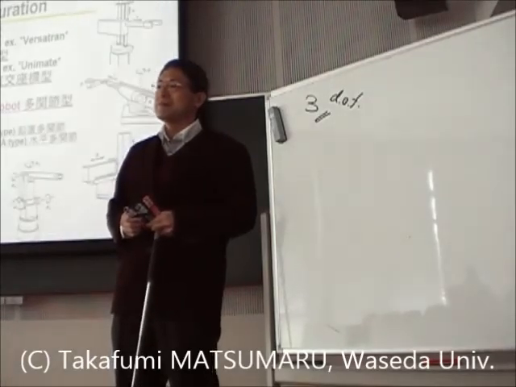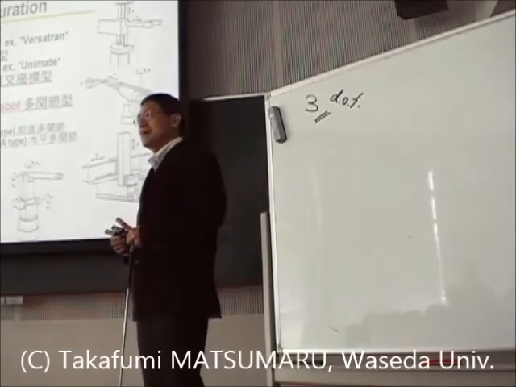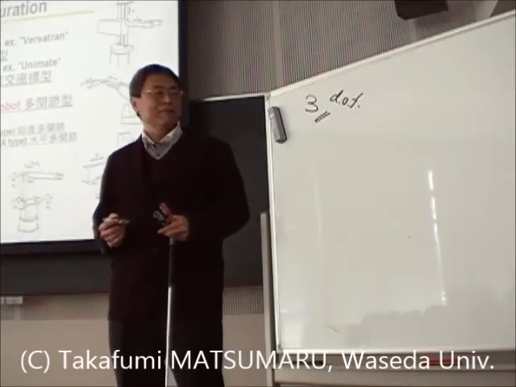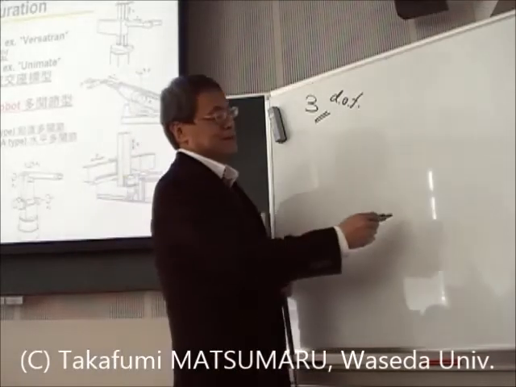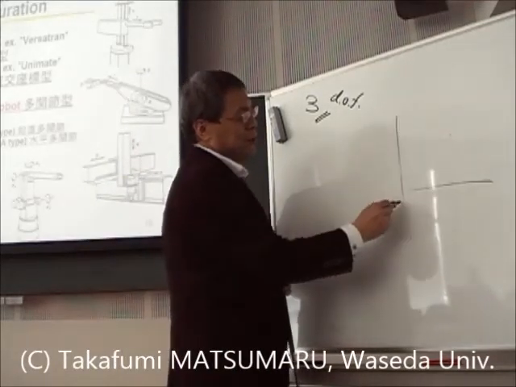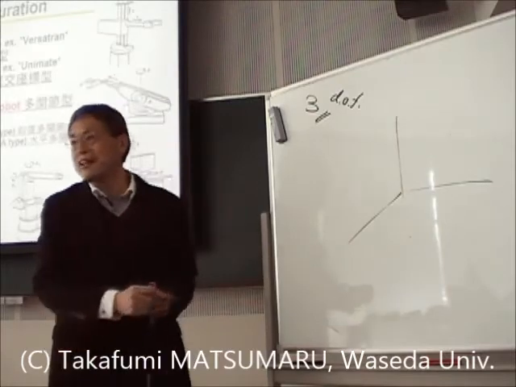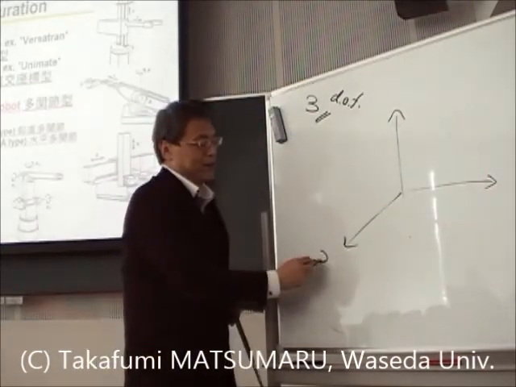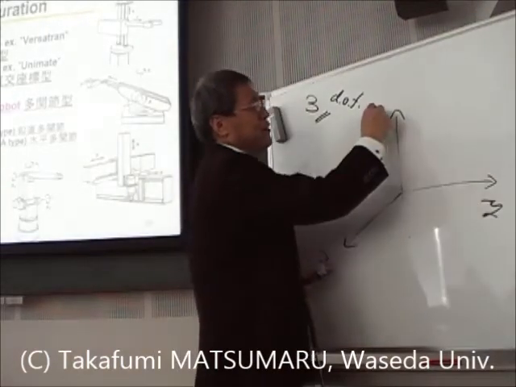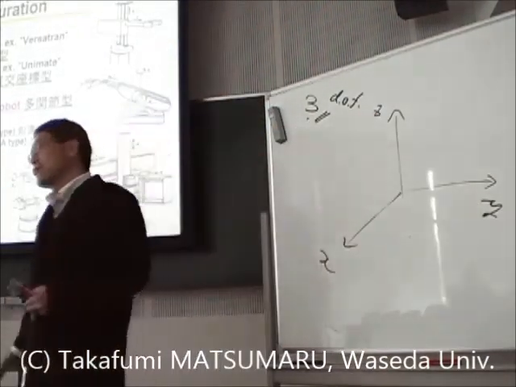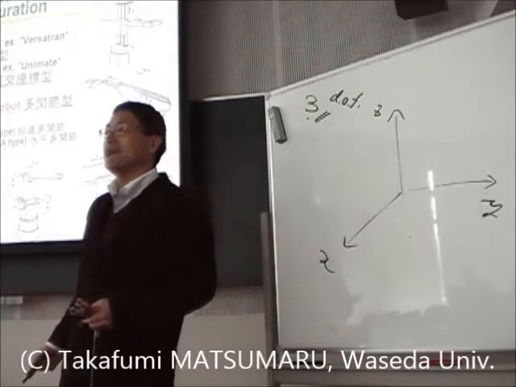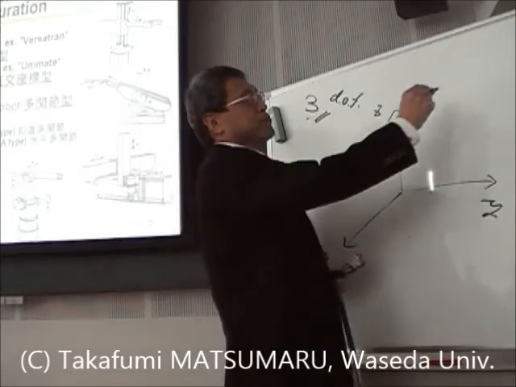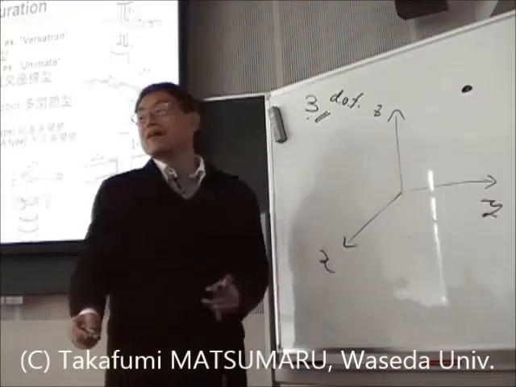A 3D move. Well, in the Cartesian coordinate system it is like this: 3-dimensional Cartesian coordinates XYZ, and 3 degrees of freedom. What is the meaning of 3 degrees? The working area. The 3 dimensions is freedom, a degree of freedom.